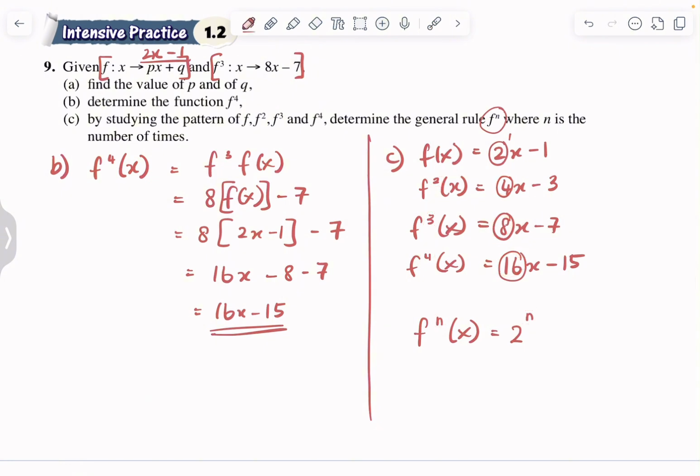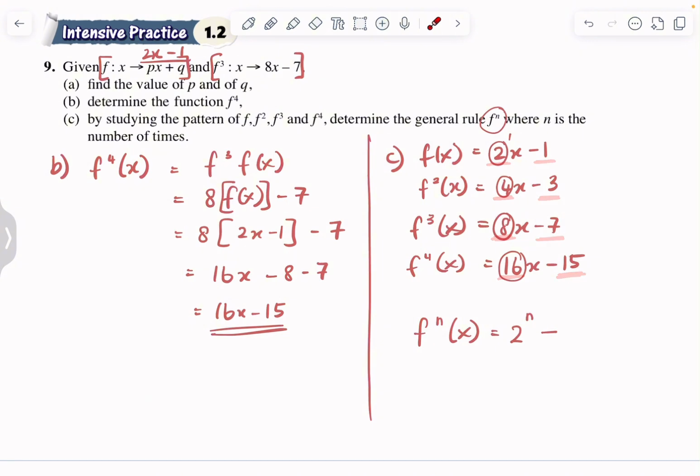Okay. And then the number at the back. When this was 1, we got 1. When this was 2, we get 3. When it's 3, we get 7. When it's 4, we get 15. So actually, this number looks like a pattern that is following the first number. 2, we minus 1, you get 1. 4, minus 1, you get 3. 8, minus 1, you get 7. 16, minus 1, you get 15.